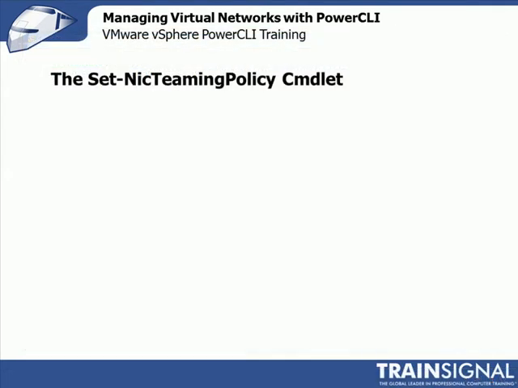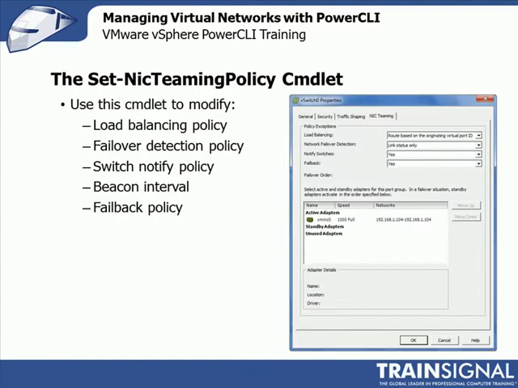Now we're going to be talking about the Set-NicTeamingPolicy commandlet. You may recall, we mentioned this a couple of slides ago. This is how you modify the NIC teaming properties. Here's an example of the screenshot here. The configuration settings or the properties of a vSwitch. And there's a tab here called NIC teaming, and it's got a bunch of different things in it.